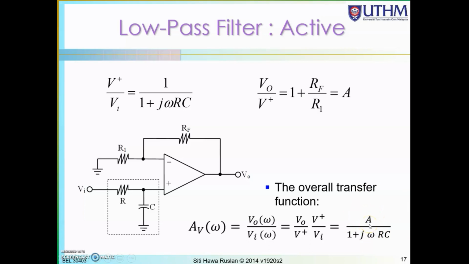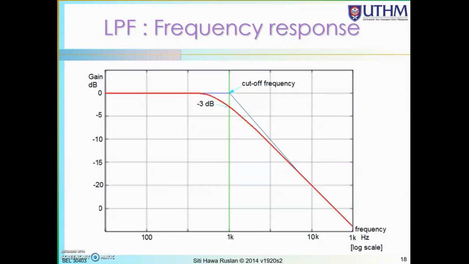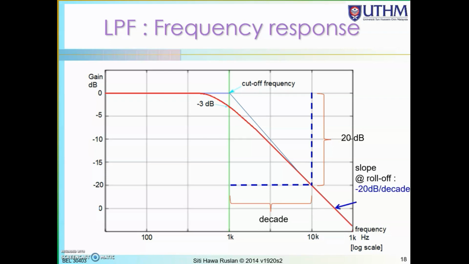Please remember that for an active filter, you can have amplification. The cutoff frequency is similar. You still get minus 20 dB per decade, because this is determined by the filter circuit. So the slope or roll off is still 20 dB per decade, which is similar to 6 dB per octave. I have talked about this previously.